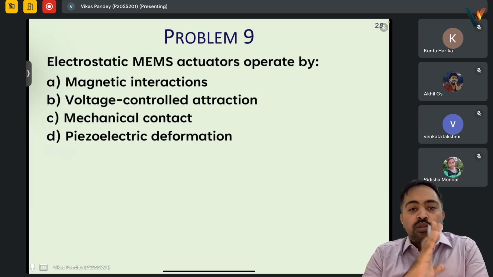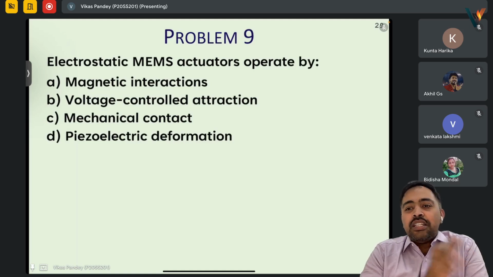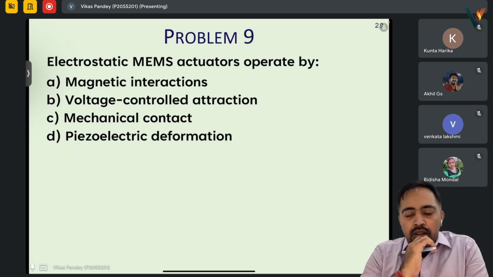Have you people understood what this actuator is actually doing? What is it actuating? If you have not understood, please speak. I will try to explain it. What does it do in terms of MEMS?